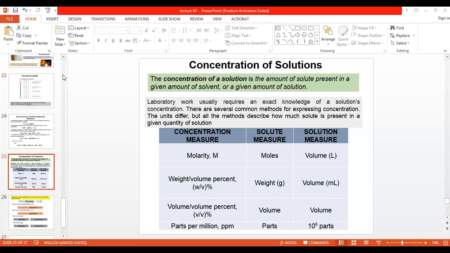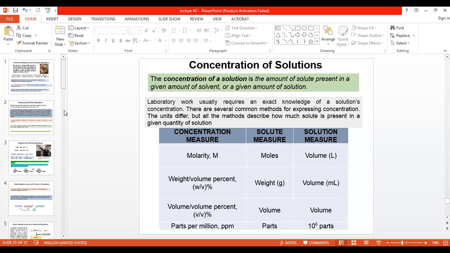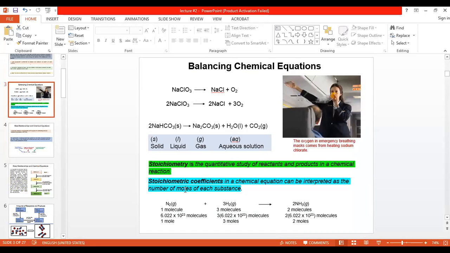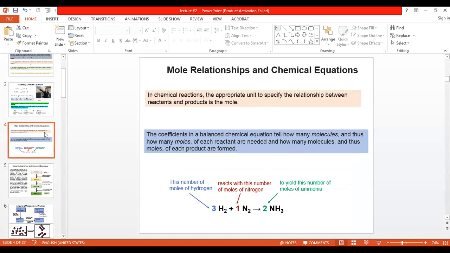Okay. We stopped last time here, I believe, right? We were discussing how to balance equations. What do these coefficients in front of these molecules mean? This is what we discussed, and this is basically the same, just maybe more clear.